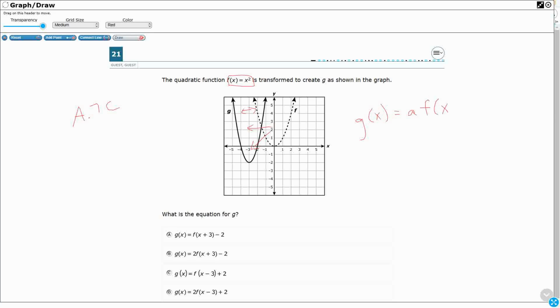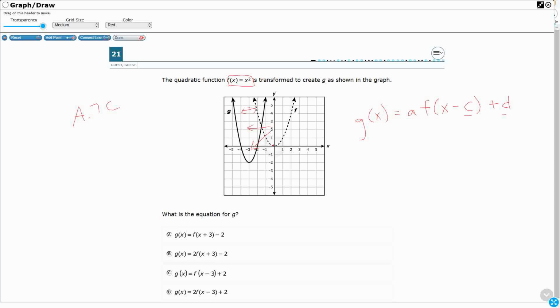If you have something inside that f of x, that's handling what's going on left and right, and then if we add anything onto the end, that is what's going on up and down. Okay, so let's first deal with the C and the D. That's actually going to be a little bit easier.